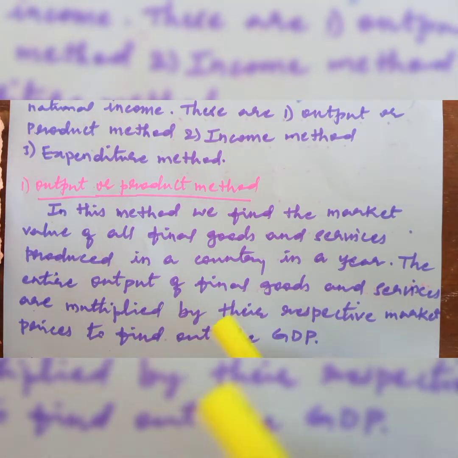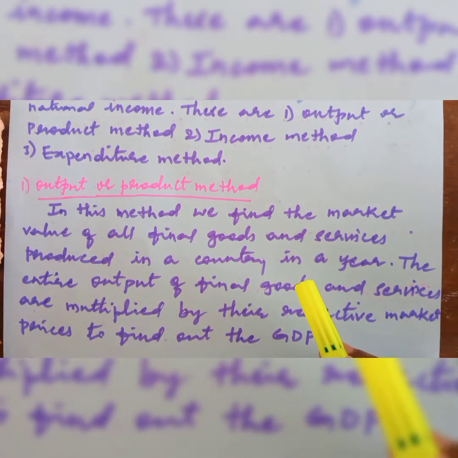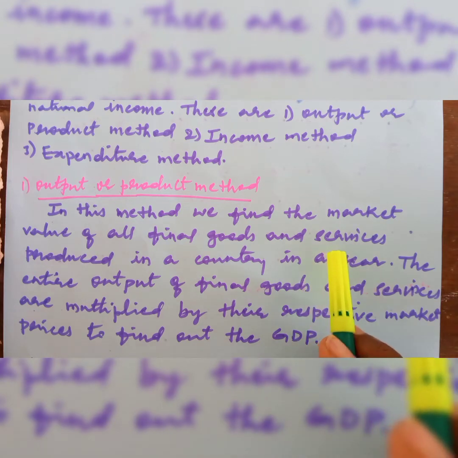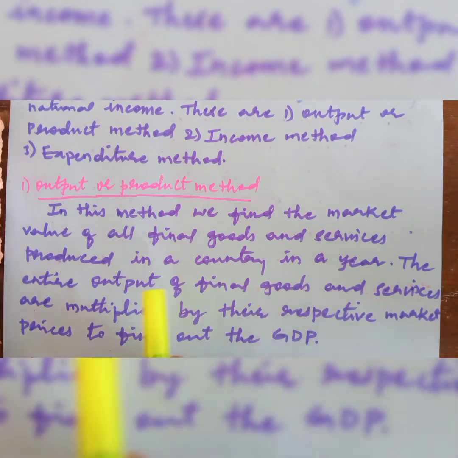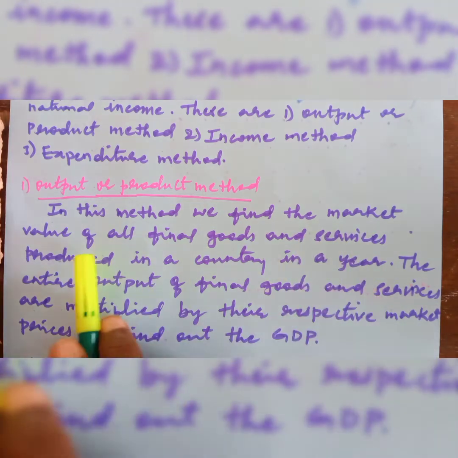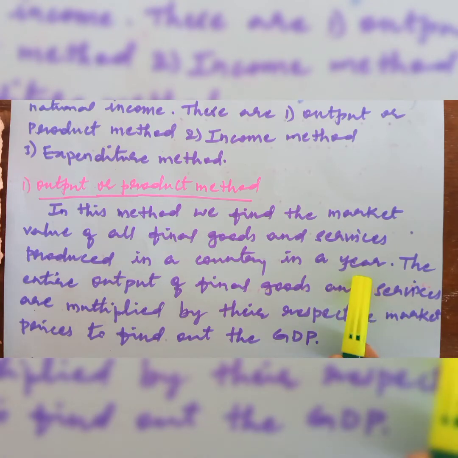Final means already that goods and services production has been finished. Those goods are ready to purchase in the market. So that's why only in this product method we calculate the market value of all final goods and services produced in a country during a year.